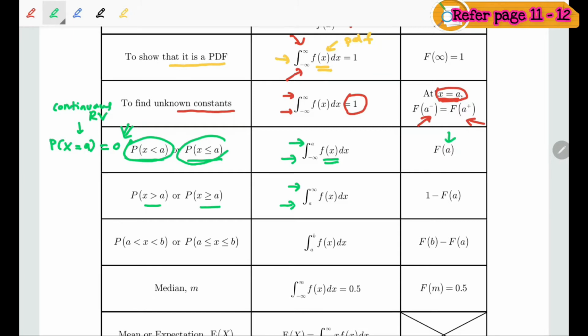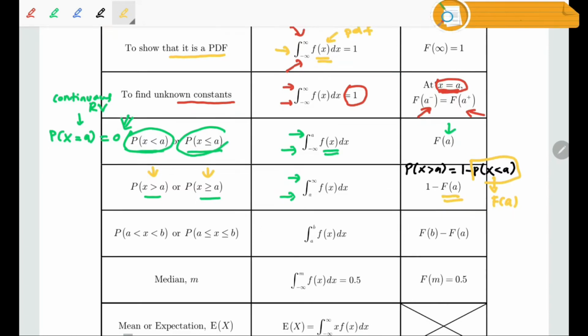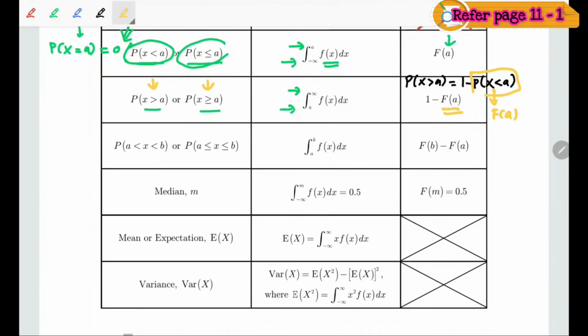We need to do some rearrangement. If the question asks for X greater than a, it equals 1 minus P(X less than a). Since P(X less than a) equals F(a), for the greater sign it should be 1 minus F(a).